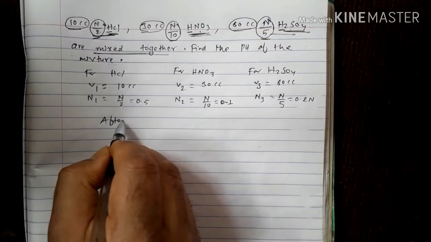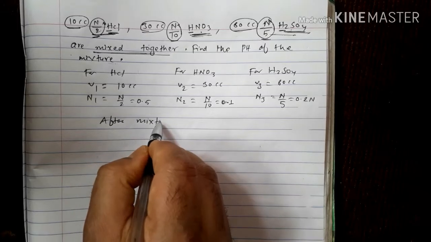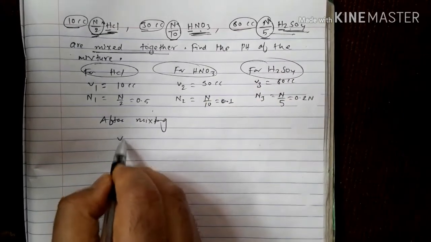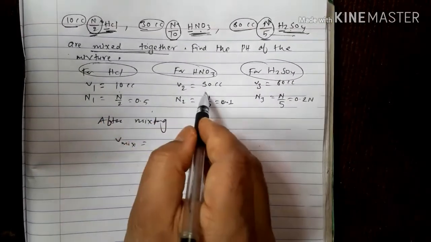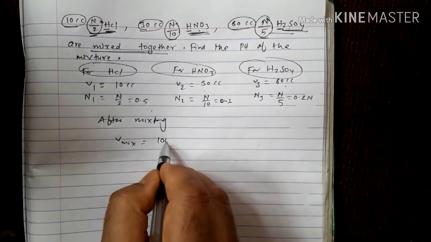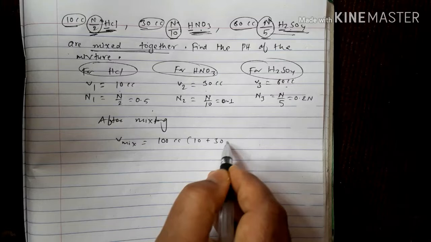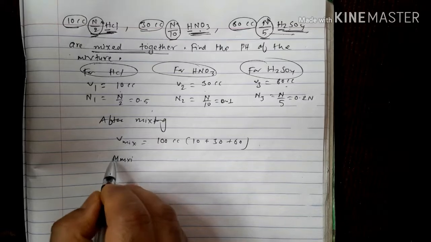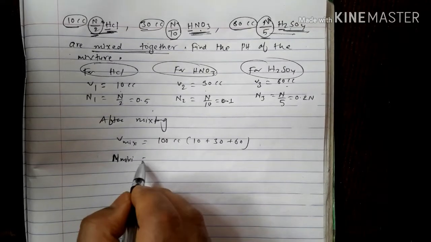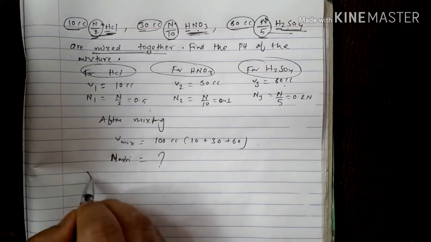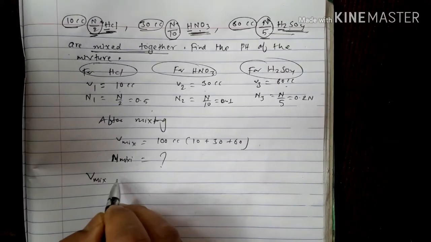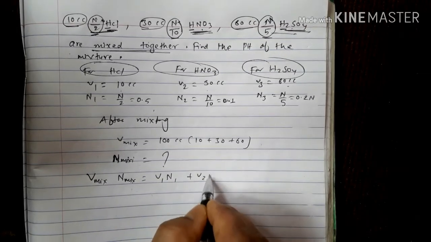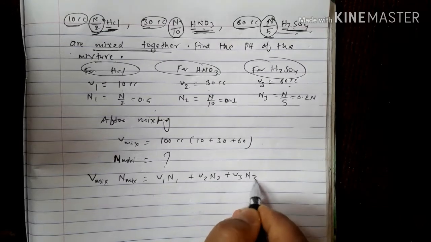After mixing these three, the volume of the mixture will be 10 plus 30 plus 60, that is 100 cc. What will be the normality of the mixture? We know the formula: volume of mixture into normality of mixture equals V1 N1 plus V2 N2 plus V3 N3.